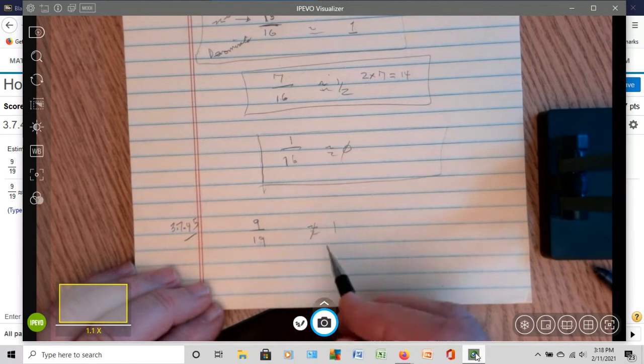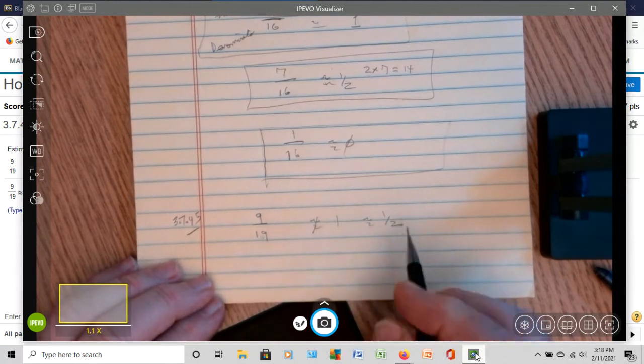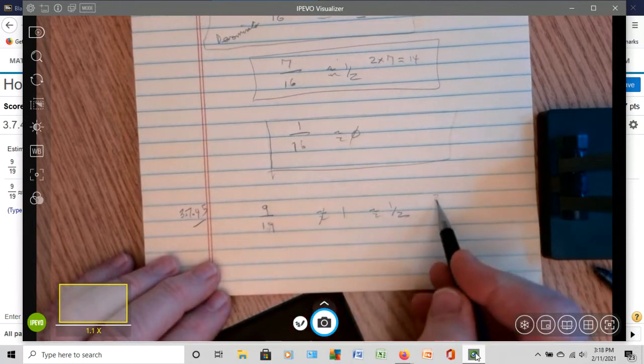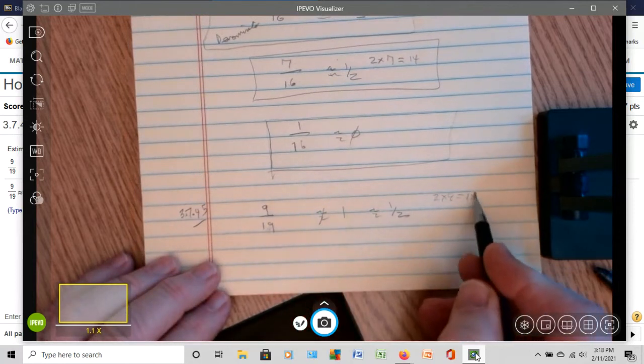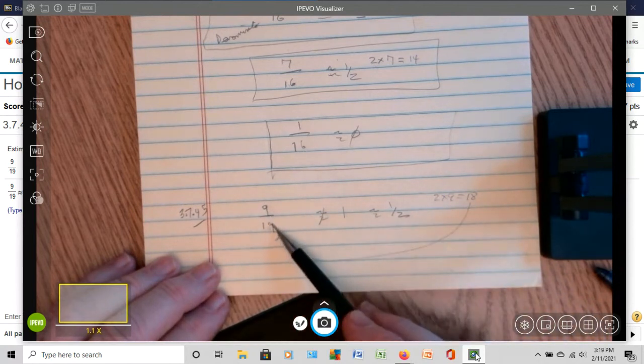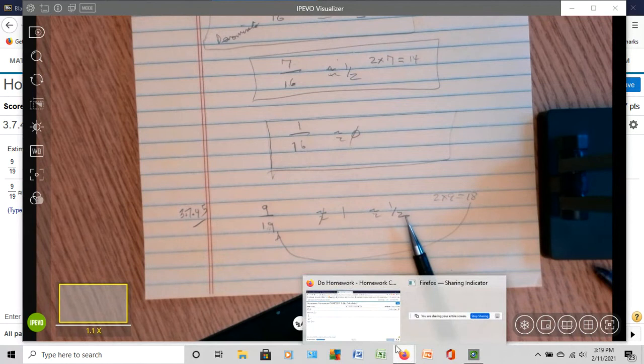That leaves me thinking it's probably 1/2. And I can do that little check we did a minute ago: 2 times 9 equals 18, and 18 is really close to 19, so I would say this fraction estimates out to be 1/2. I'm going to input 1/2 as the answer into Math-Excel.